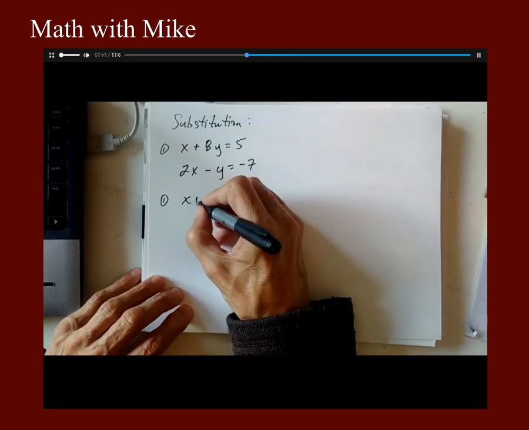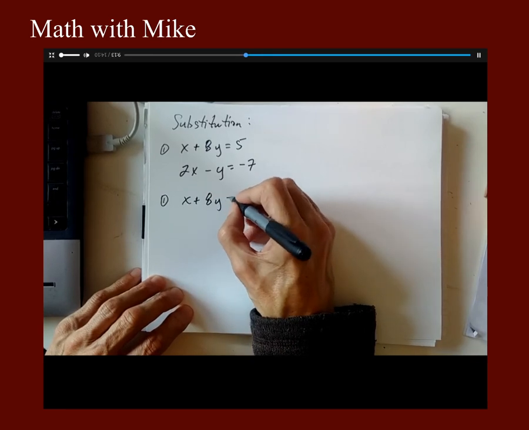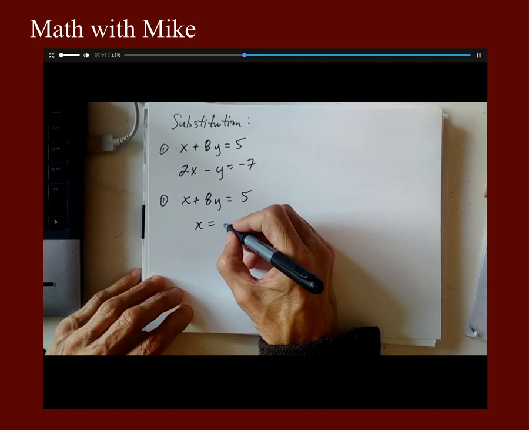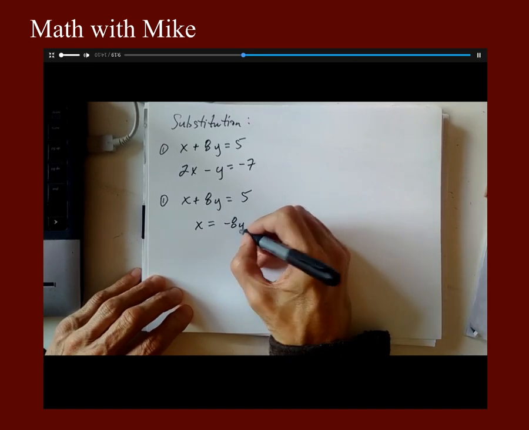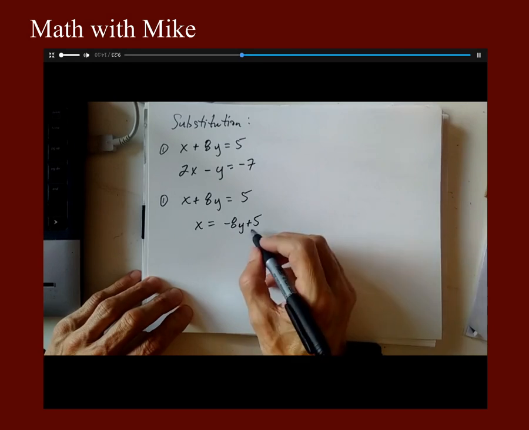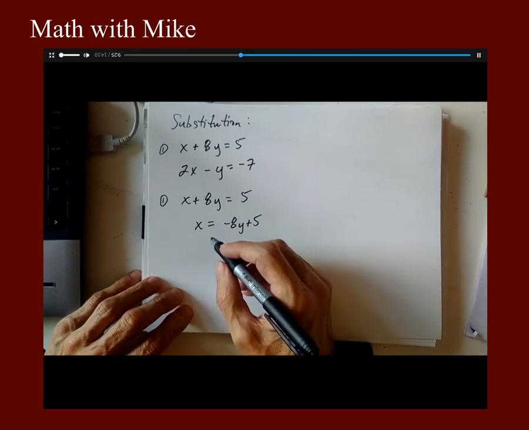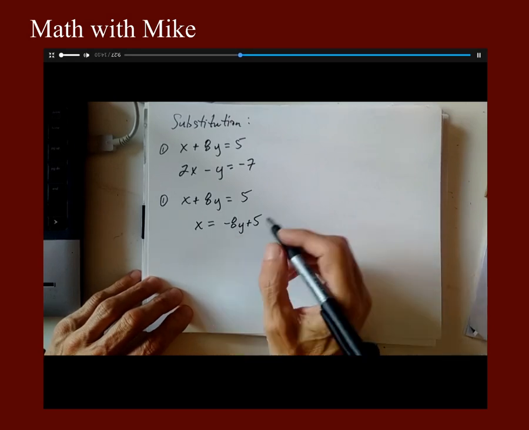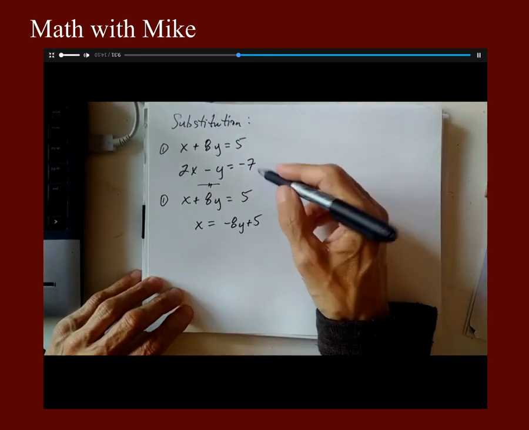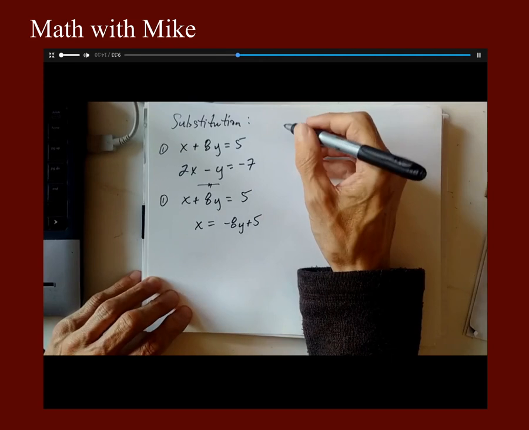So that creates this situation. X is equal to negative 8y plus 5. So that means negative 8y plus 5 is the same thing as x. So wherever an x shows up in the other equation, we're going to replace it.